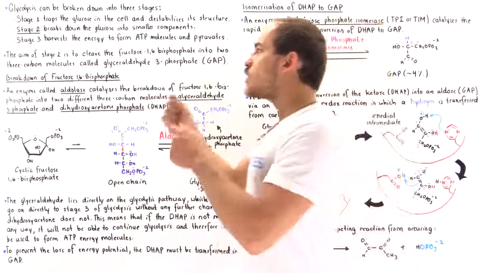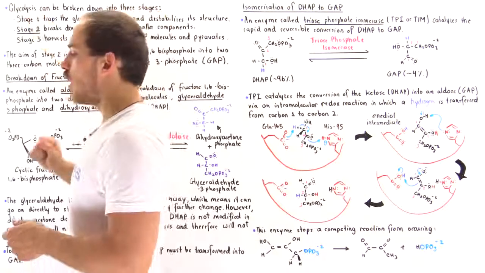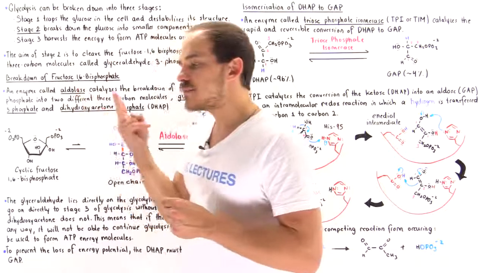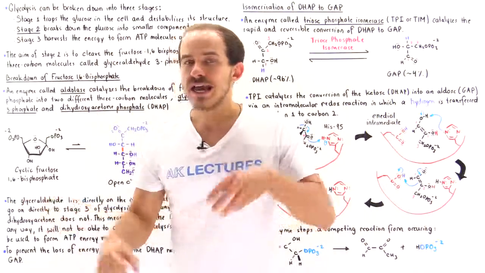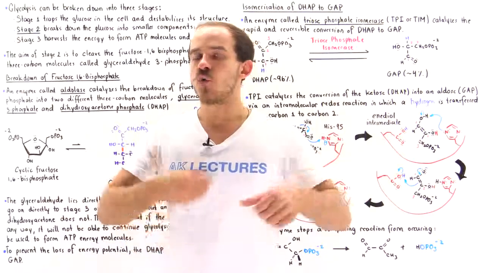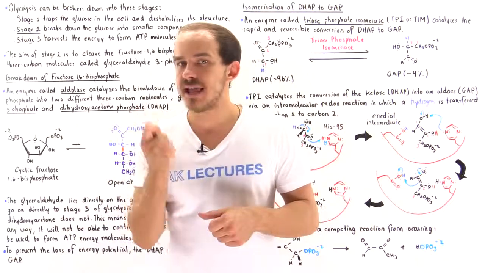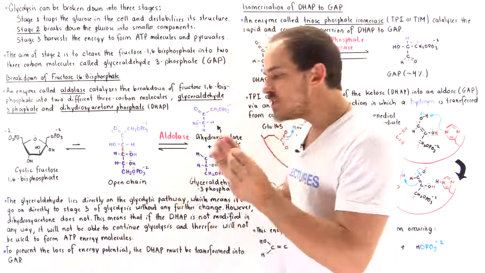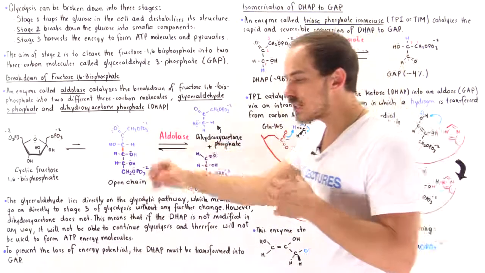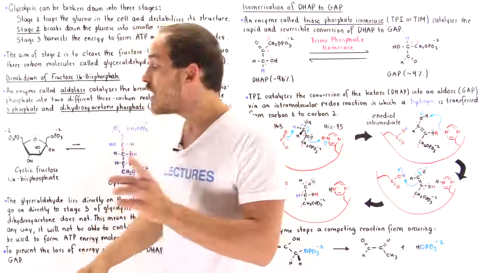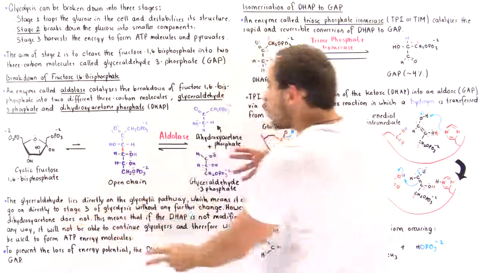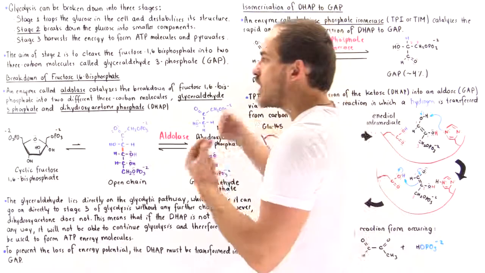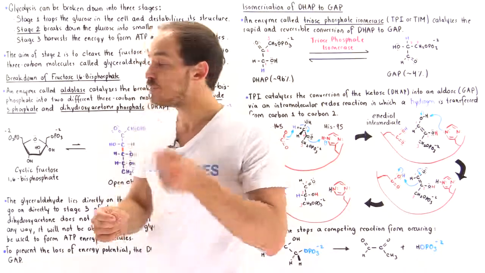Now, let's go back for a moment to stage 1. The second step of stage 1 was to transform the glucose into the fructose isomer. The question is, why was that necessary? Well, the reason we transform the glucose into the fructose is so that once this step takes place in stage 2, we form 2 molecules that each have 3 carbons.